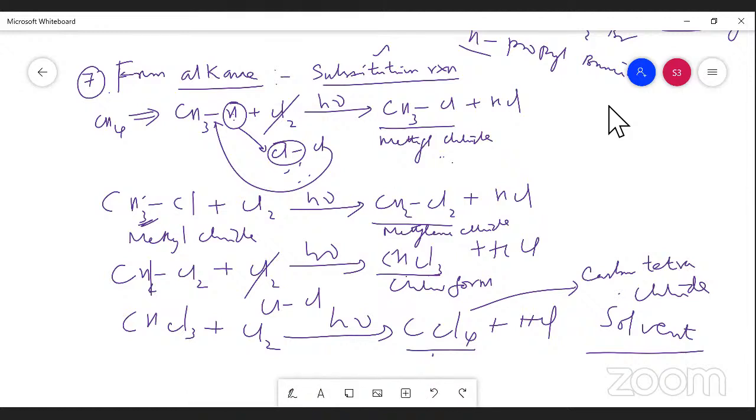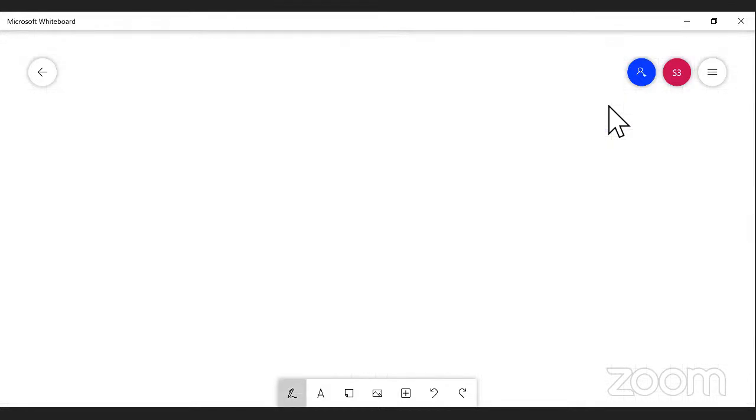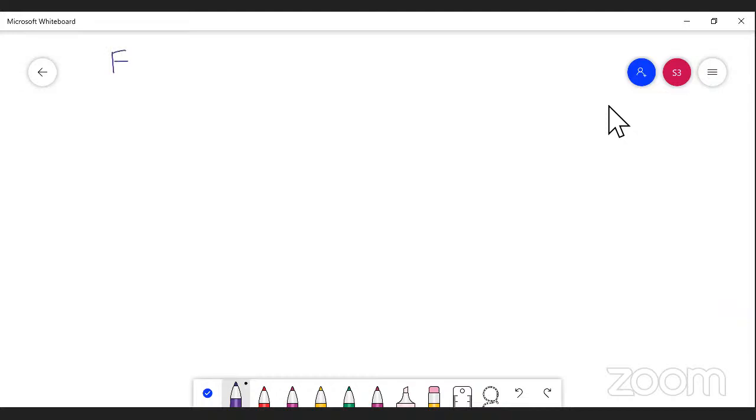What is that? If we look here, it is the halogen exchange method by using the Finkelstein reaction. That is the eighth method. This is the halogen exchange method.